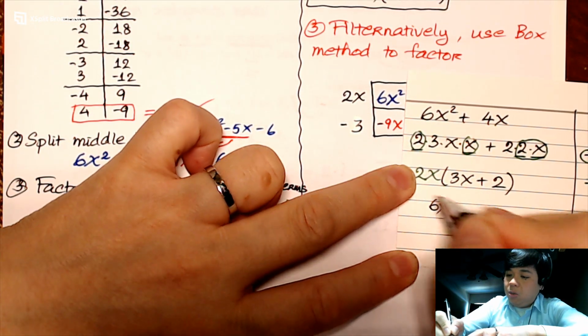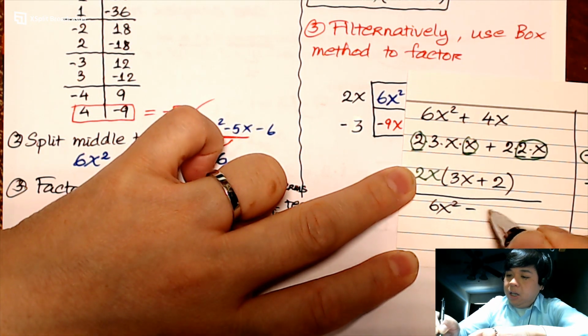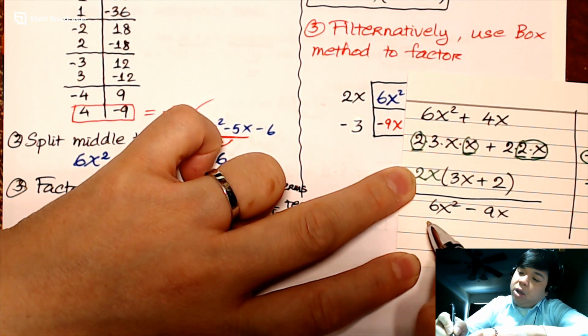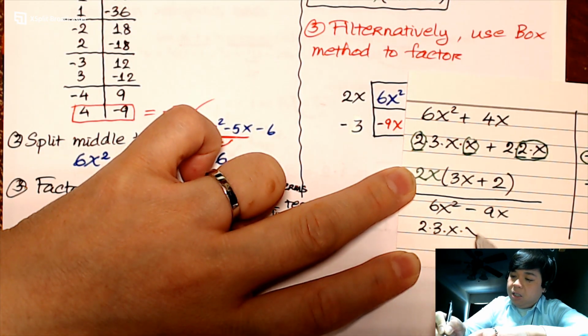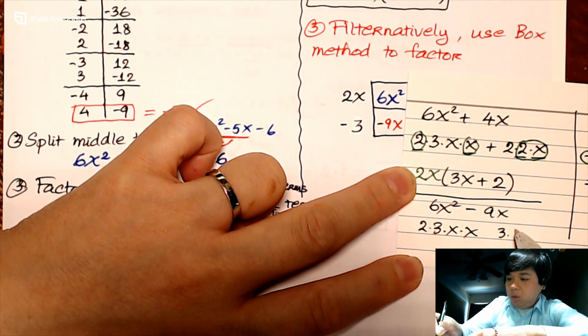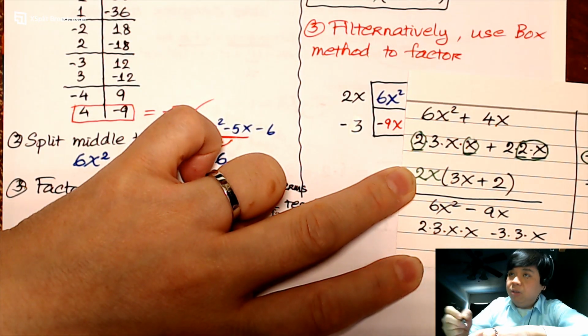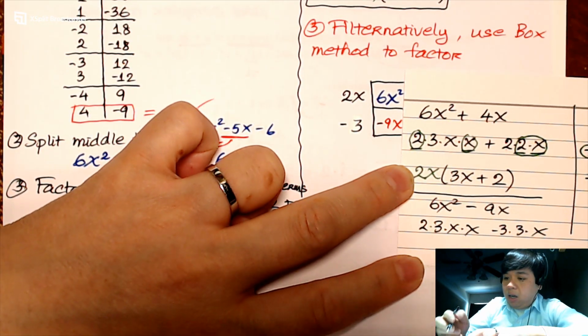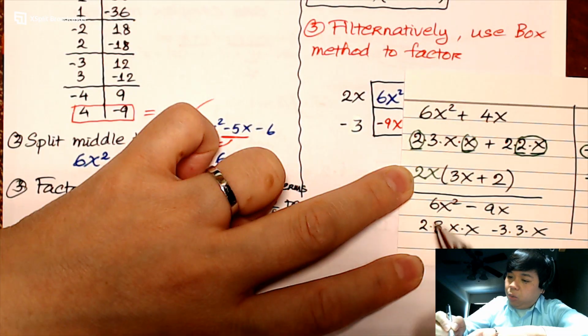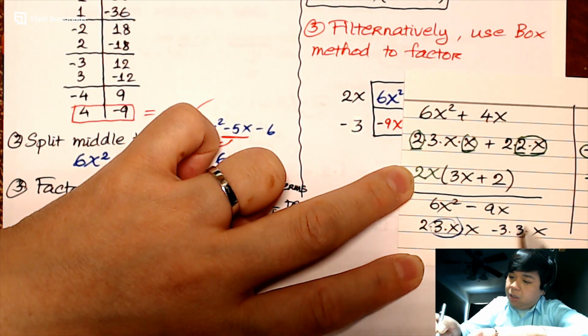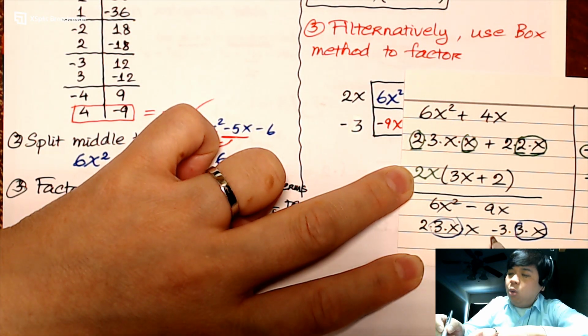Okay, 6x squared, -9x. 6x squared is 2 times 3 times x times x. 9x is 3 times 3 times x with the negative. Alright. Looks like they will have a 3x in common on both of them. One positive, one negative.